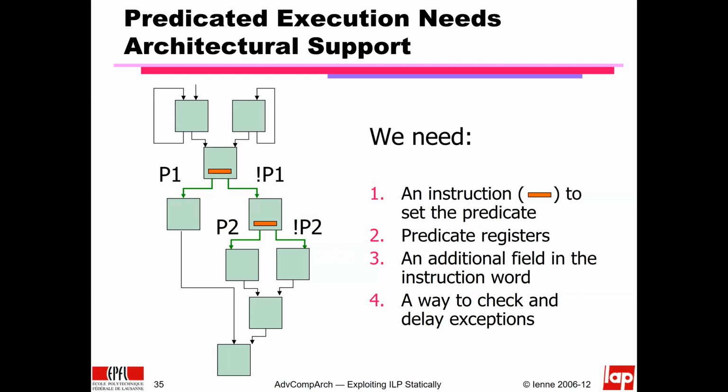You want instructions to set these predicates, not very different from, for instance, x86, where there are plenty of instructions to set flags. It is essentially the same thing, except that the flag is named and is a register. If you know MIPS, you know the set lower than, or these kinds of instructions that set a register to all zeros or all ones. But again, it's exactly the same thing, except that you have the same instruction only for this 1 bit register.